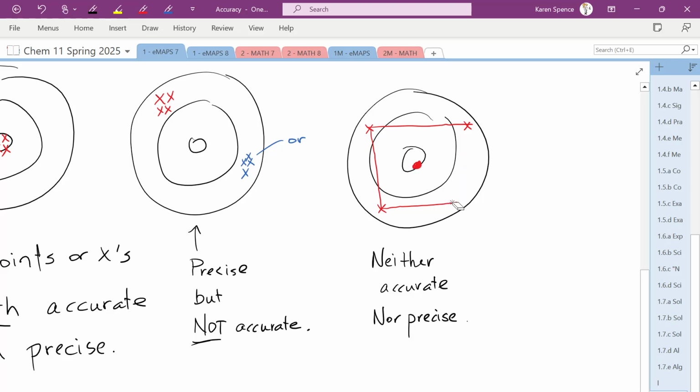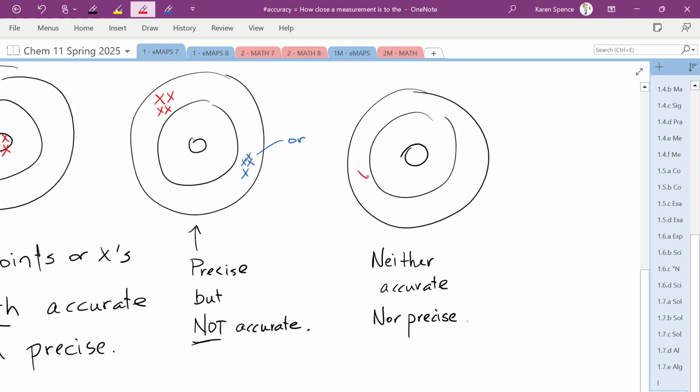How could we do it so that it is actually neither accurate nor precise? We need them to be far apart, but we also need them to be more to one side or the other, or more to the top or more to the bottom. So they need to be far apart. There you go.